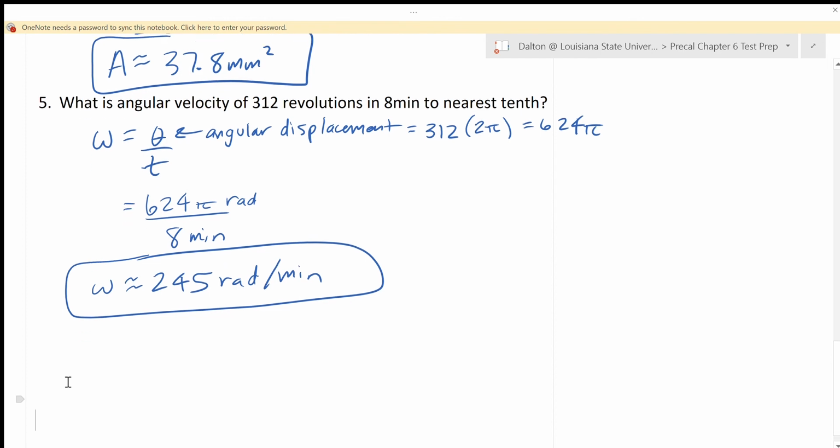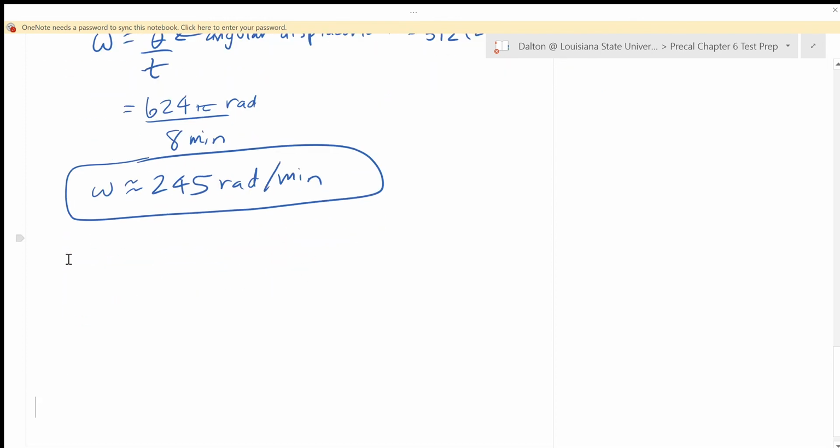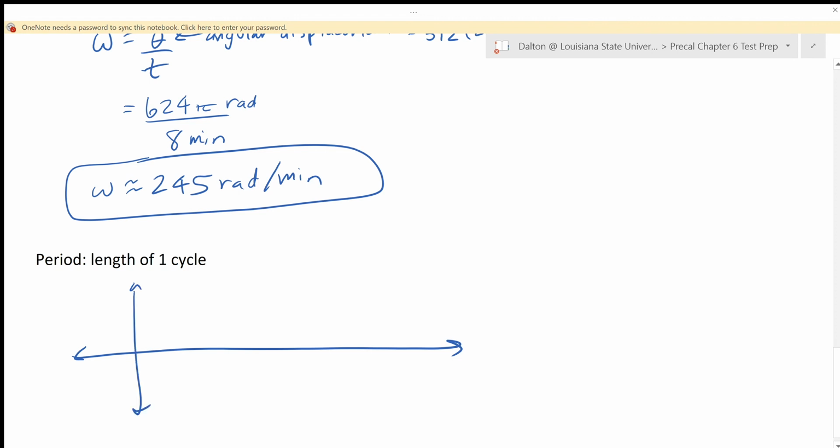Okay, the next thing I want to discuss is this idea of a period. Remember with these trig functions, the word period just means what is the length of one cycle. So if I give you an example, I'm going to draw a little figure here. Okay, let's count by twos.